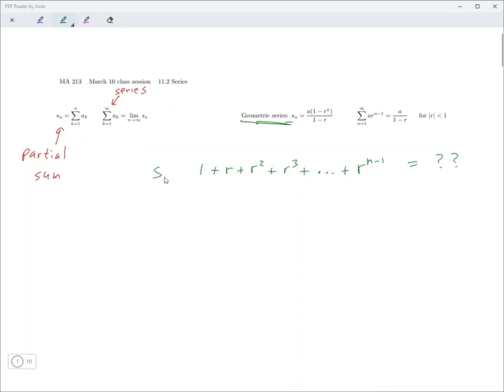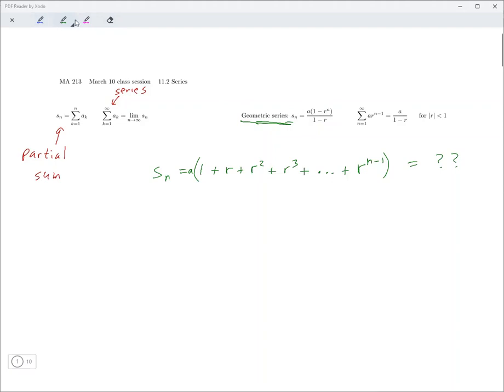This right here, it's going to be a times all that. That's going to be my nth partial sum, and I'm going to show that it's going to be equal to this.